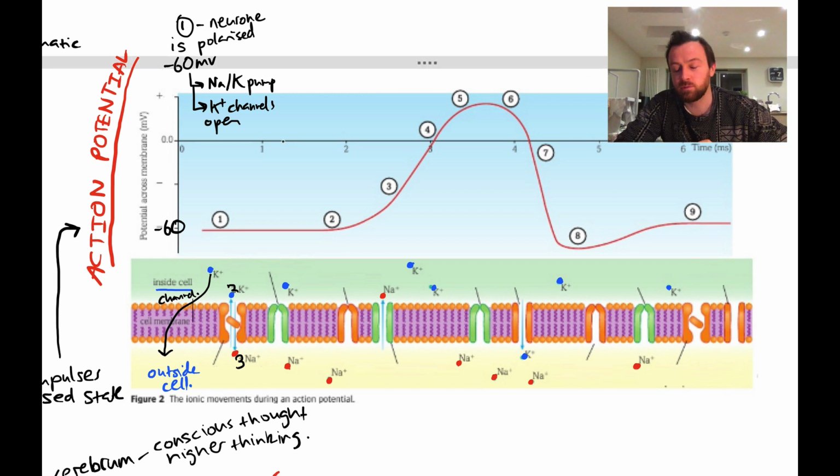Now, for an action potential to be triggered, there needs to be something happening, and this could be a synapse connecting to a neuron and causing a generator potential. Or, if we're talking about a receptor, it could be the receptor itself starting to be depolarized due to receiving a stimulus, and we'll talk about that in a little bit.